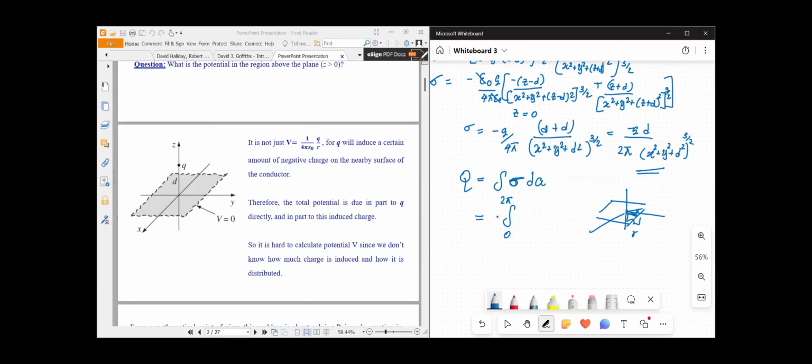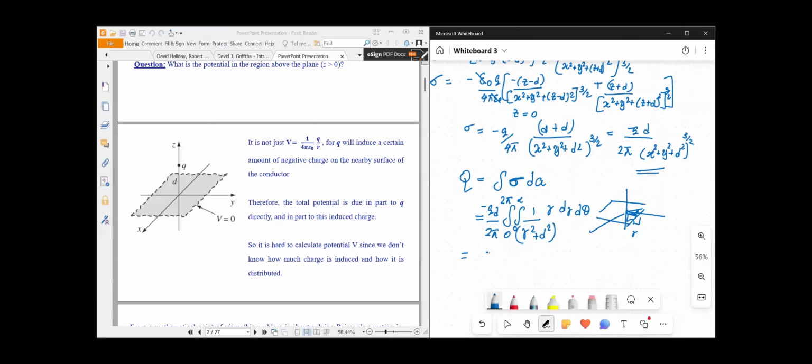So we have minus qd, which are constants, and 2 pi is a constant, times 1 over r squared plus d squared. And in this coordinate system, for the area integration, it is r dr d theta, and r is going from 0 to infinity.